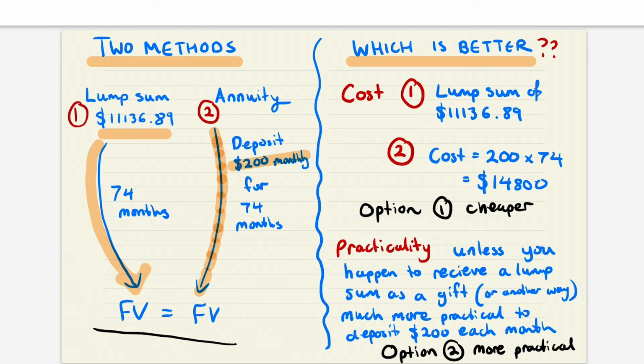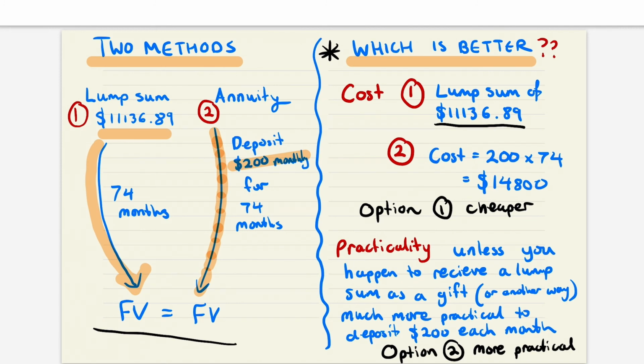Either the lump sum of $11,136.89 or $200 monthly for 74 months. So which of these is better? There's two ways we can think about this. One, cost, and two, practicality. Well, the cost of doing the lump sum is just depositing that one amount into the account, the $11,000.